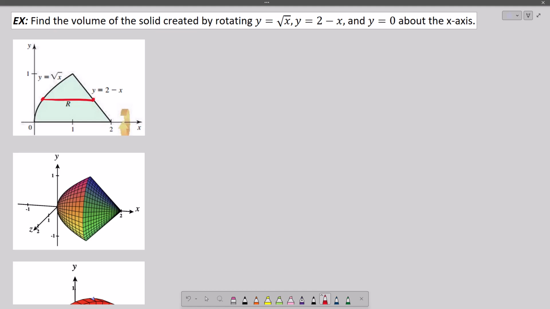It's not vertically simple because you would have two separate upper curves. But horizontally, you've got a consistent left curve and a consistent right curve no matter where you drew that horizontal line. So we have a horizontal element. We have a horizontal axis. When you rotate, you're going to get a cylinder.